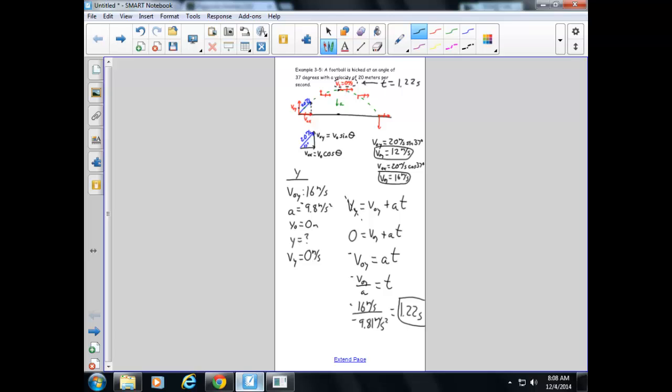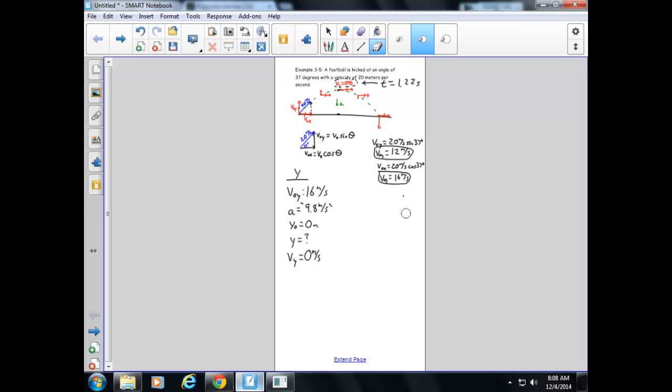That's cool. I'm going to erase some of this stuff to get some more room. I'm going to add the fact that we know the time equals 1.22 seconds to our list of variables that we know about this point, the football at the very top of its flight. Now we want to find the distance in the y direction, the height that the football goes.